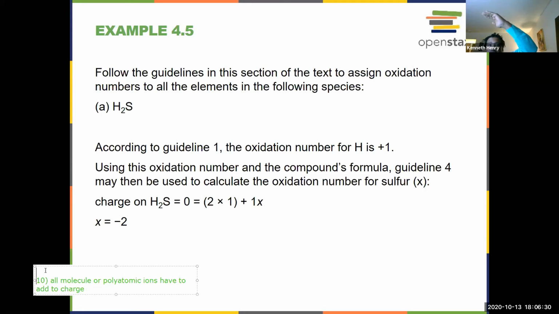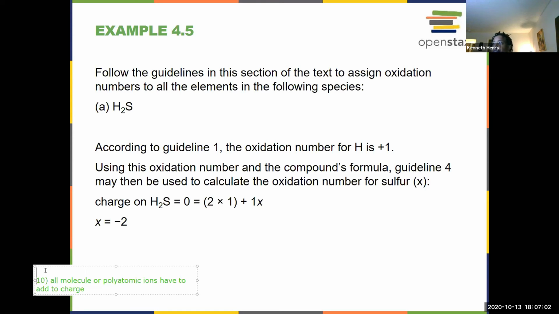So fluorine is the highest, chlorine, then bromine, iodine. Okay, so if you have chlorine and iodine, chlorine is going to have the -1 charge, and iodine is going to be left with whatever's left over.